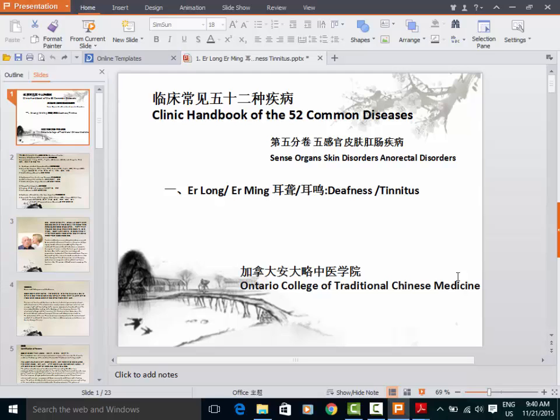So exterior wind, whether it's wind heat or just wind, can also cause acute tinnitus, right? I'll give you an example. A guy is riding his motorcycle with his helmet on, but the wind is actually hitting his ears. Afterwards, for 3 days, he has severe tinnitus. Clear? All right.